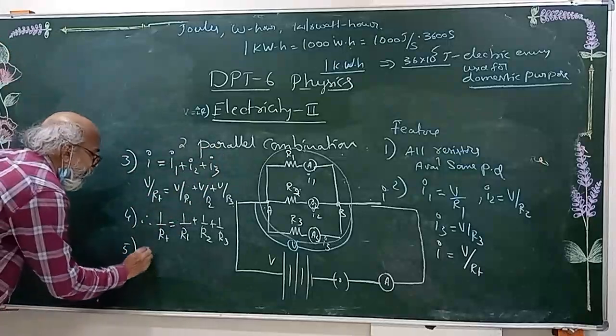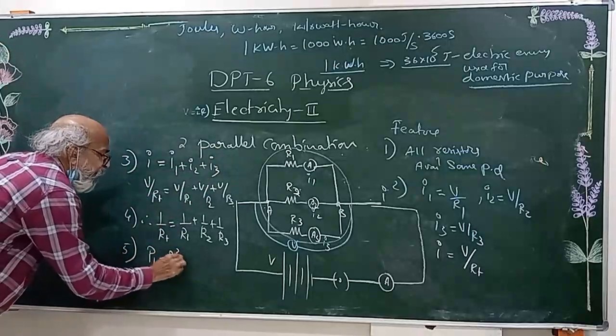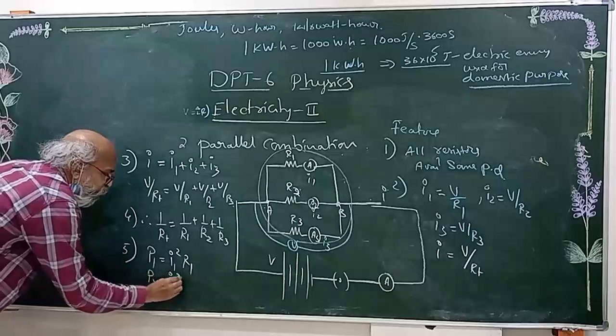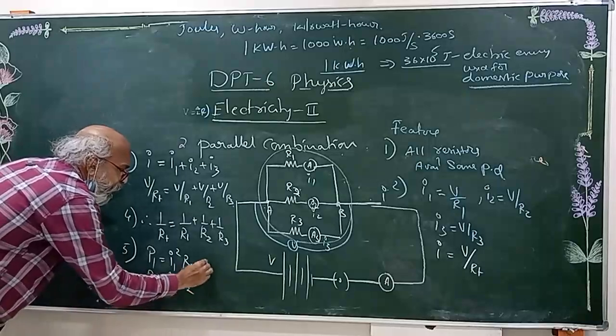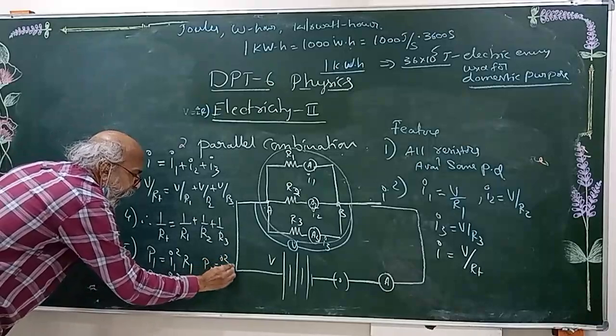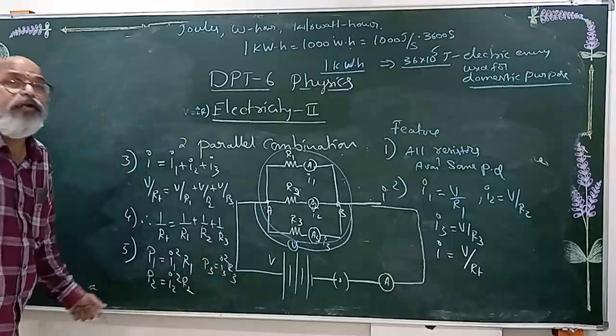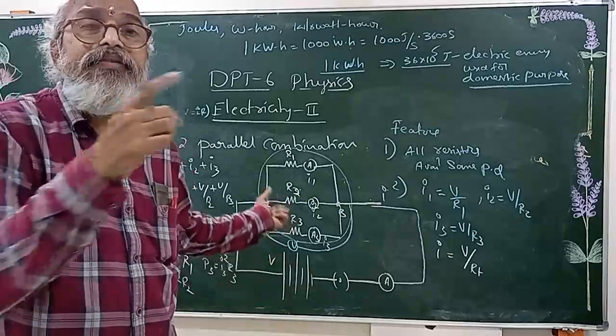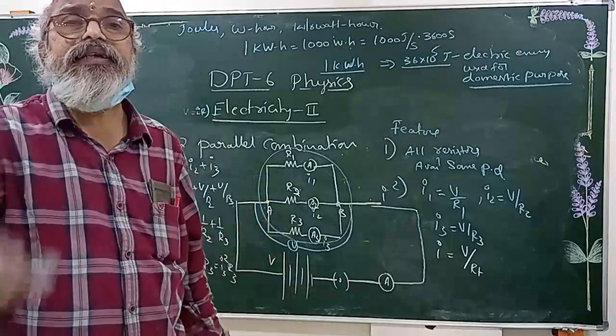Because here P1 is equal to I1 square R1, P2 is equal to I2 square R2, and P3 is equal to I3 square R3. Likewise, the total power consumed will be very, very high compared to when all these resistors are connected in series combination.